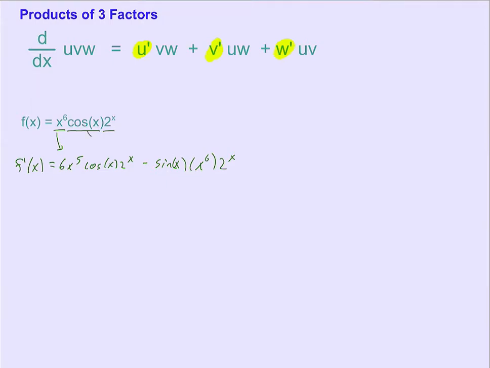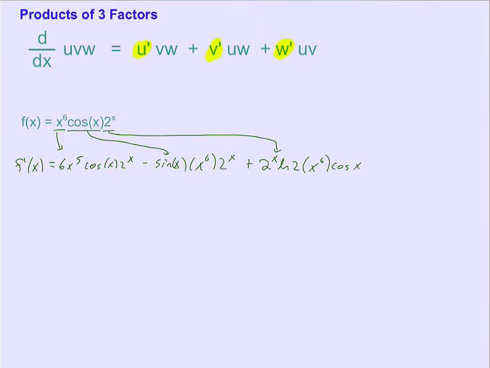And then in the last term, the derivative we're going to take is the derivative of 2 to the x, which we learned earlier this week is 2 to the x times the ln of 2, times x to the sixth times the cosine of x, and that's it.